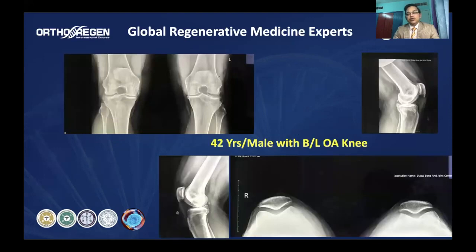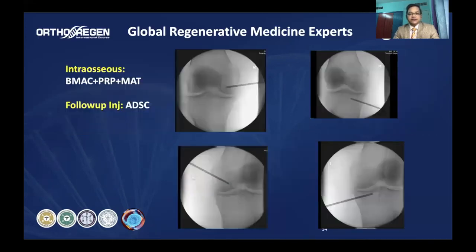Now we use adipose derived stem cells and MAT for osteoarthritis. This is one of the patients having bilateral osteoarthritis of the knee. In these patients, we use the intraosseous route, because now we know there is a subchondral crosstalk in osteoarthritis, and if we inject the subchondral bone, then the response is better.